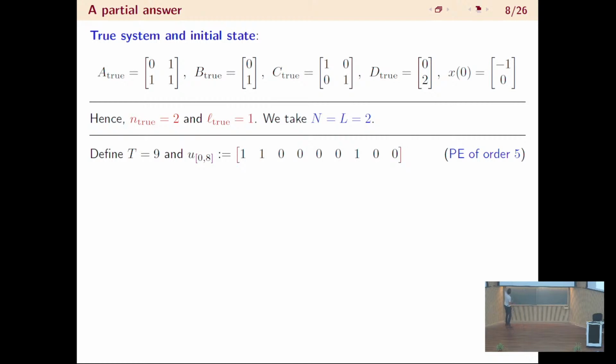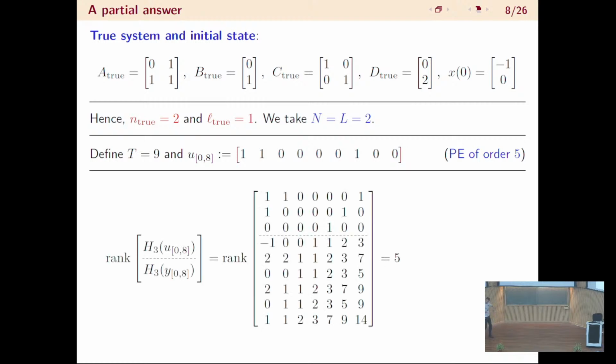So this is the Hankel matrix of depth 5 of the input. Now you see that indeed this matrix has full row rank. So the input is persistently exciting of order 5. Okay. Now I apply that input to my system, and I get the output data.